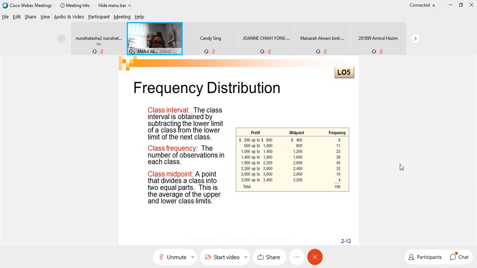The midpoint is 800. 800 is the midpoint between 600 and 1000, and so on. So in frequency distribution, we have the class interval, the class frequency, and the class midpoint. Okay, any questions?